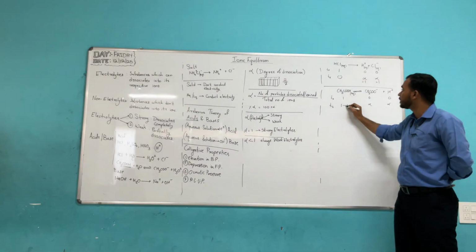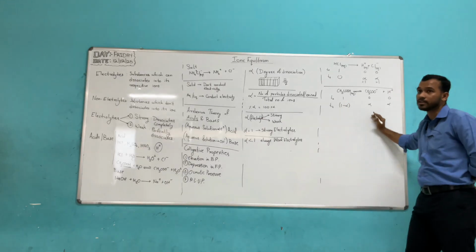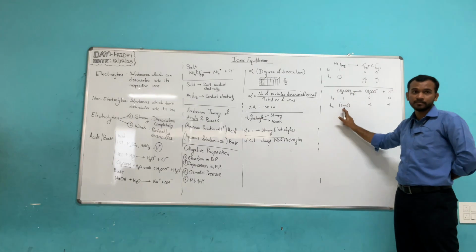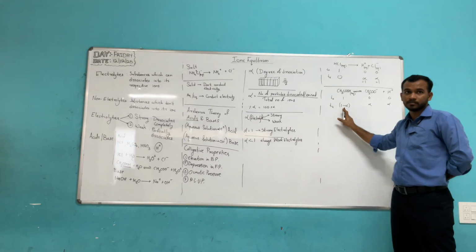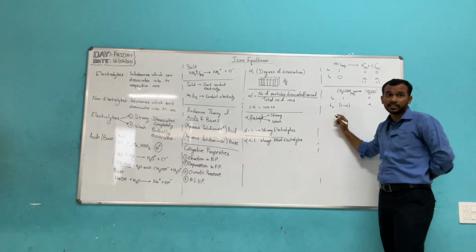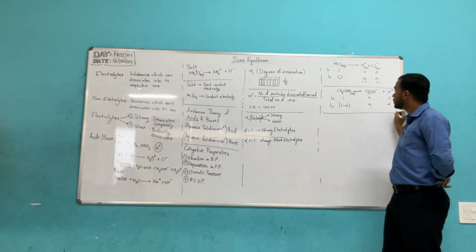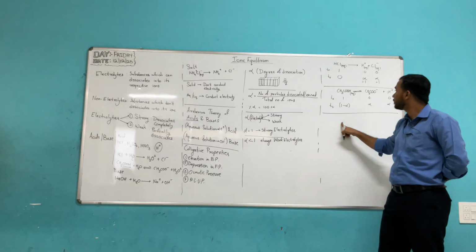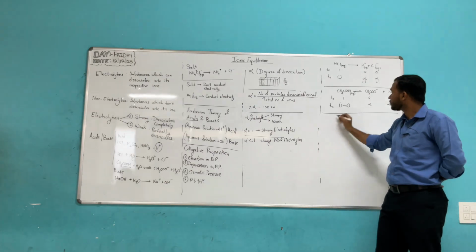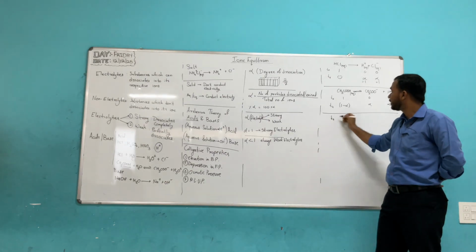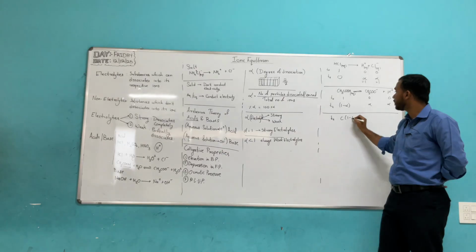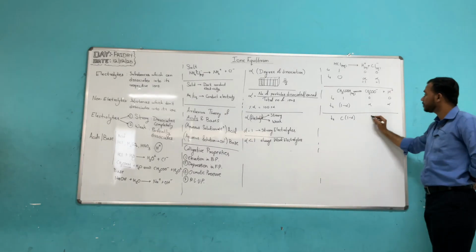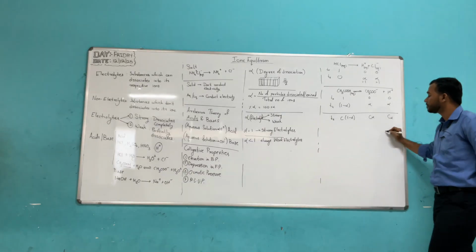From this, how much is remaining? 1 minus alpha. Since its value is not 1, we are not getting 0 over here. For concentration terms, at time t it will become C into 1 minus alpha, and this will become C alpha.